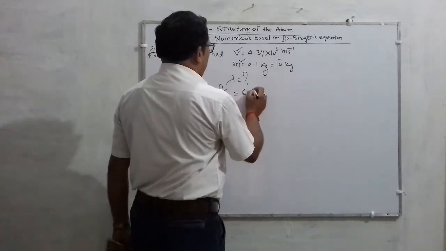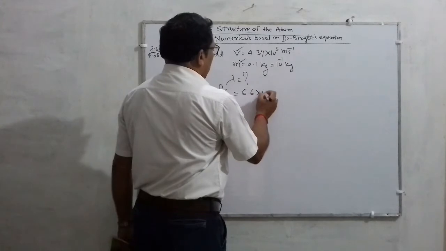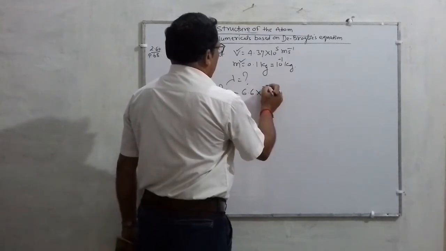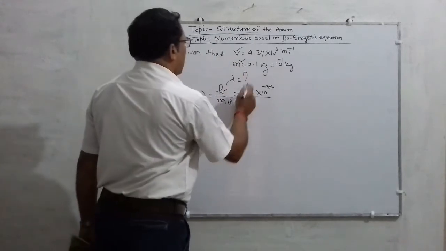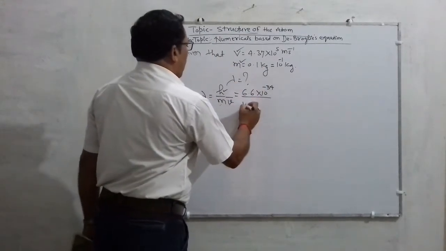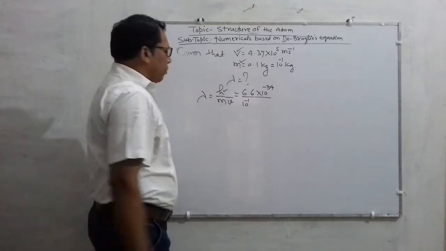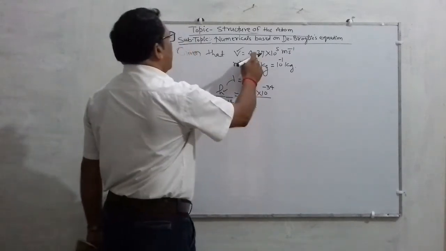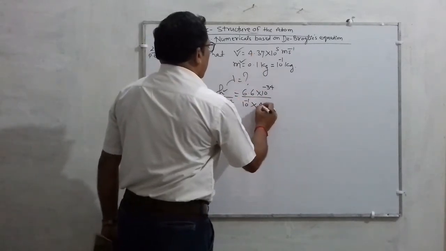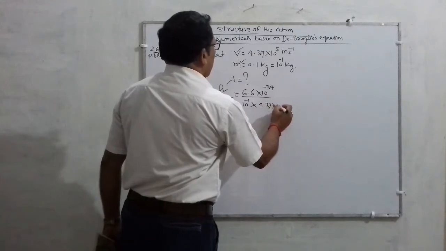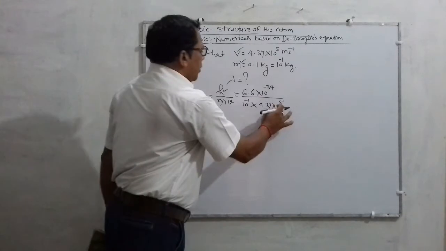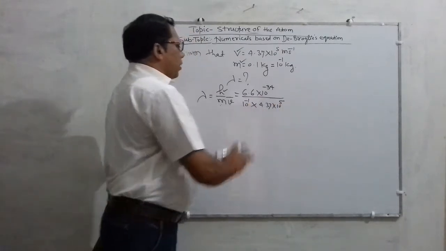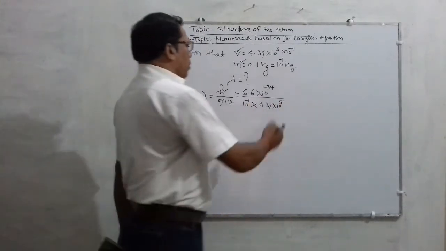So the value of Planck constant is 6.6 into 10 to the power minus 34. The value of m is given, that is 0.1, which can be written as 10 to the power minus 1, into the value of v, which is also given, 4.37 into 10 to the power 5. So listen students, this 10 to the power 5 and 10 to the minus 1 become 10 to the power 4.